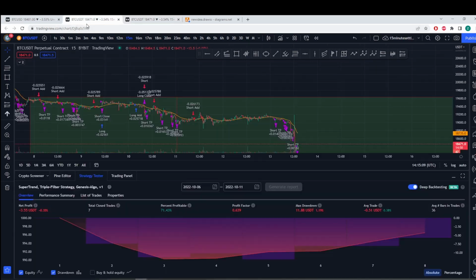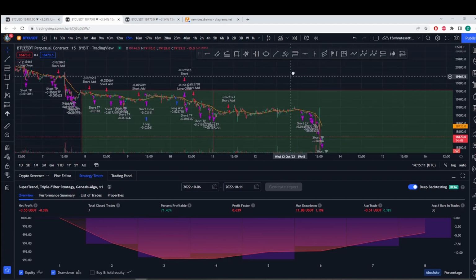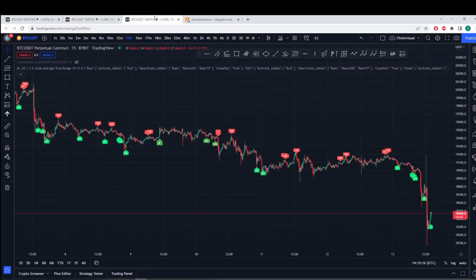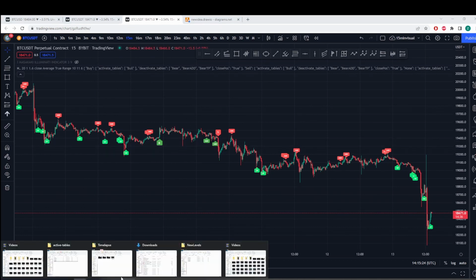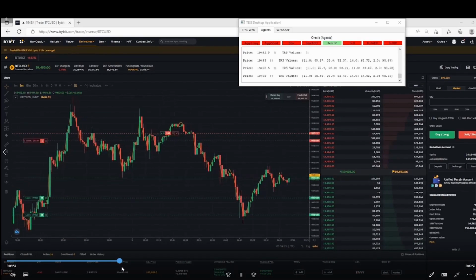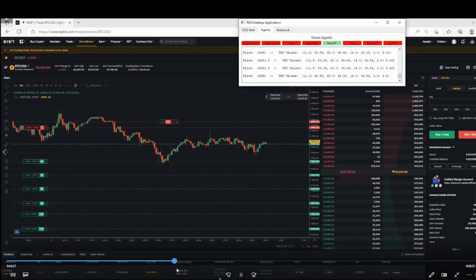In a second, we can also do an accurate backtest using TradingView and see what TradingView projected as profits, compare that to our bot and our trading system, and see if we're actually gaining an edge. Let's go back to the time-lapse video and go back to the take profit where we were. We're taking profit right here.